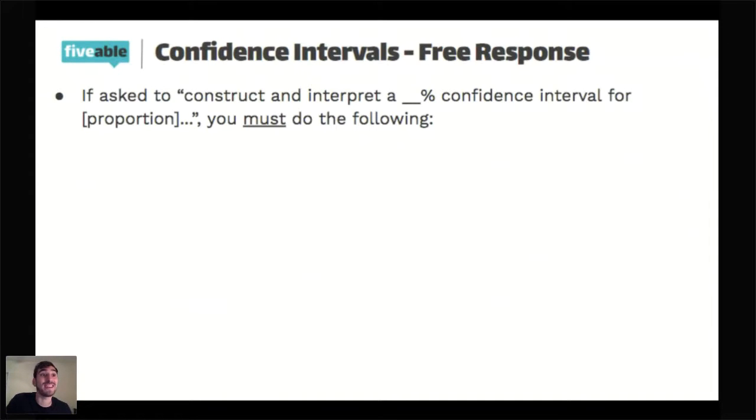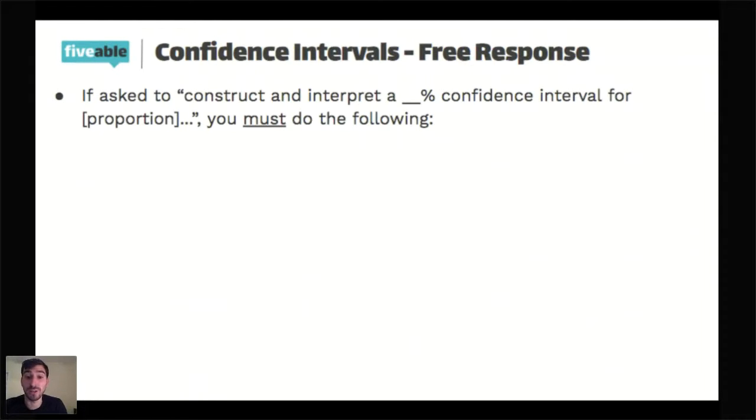In 2019, last year, part of question 6, the investigative task, was building a confidence interval piece by piece, and you ended up with a 96% confidence interval. So there's a somewhat decent chance that we'll be asked to make one this year. Could be a proportion, could be a mean, it's not really sure.